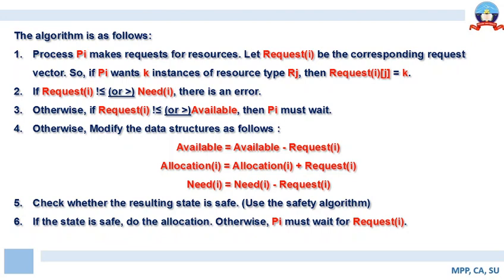Now let us go into the various operations in the Banker's algorithm. If Request of i is not less than or equal to Need of i, which implies that Request of i is greater than Need of i, then there is an error, because it should not so happen that the request placed by a process is greater than the need of that process.